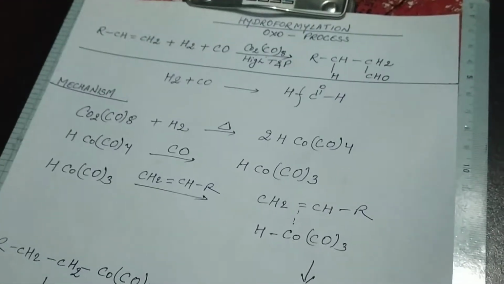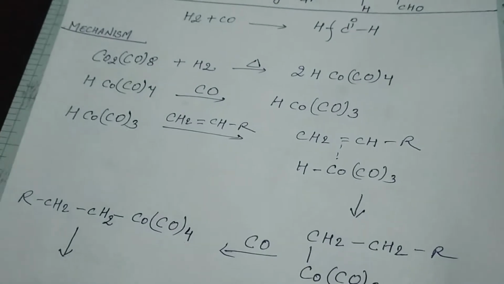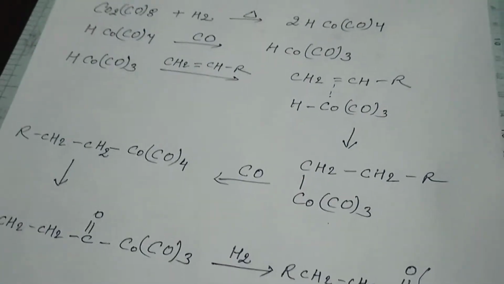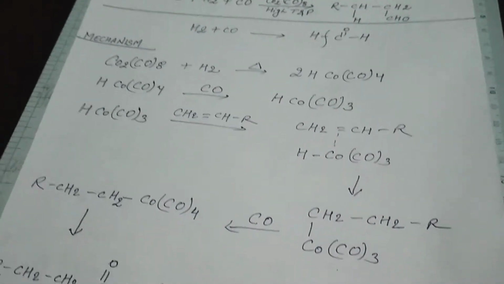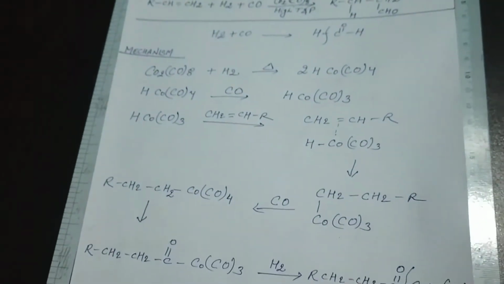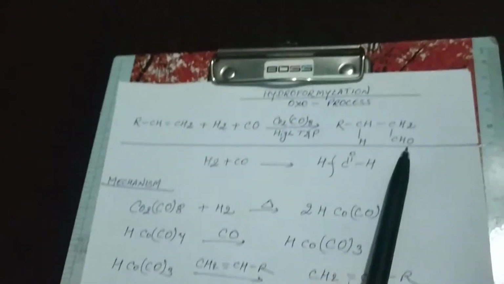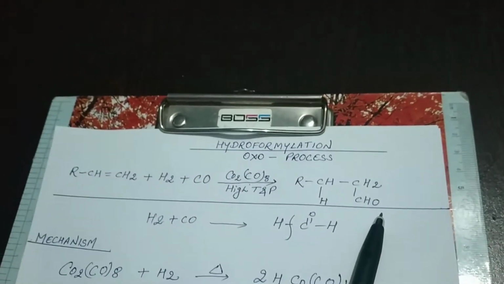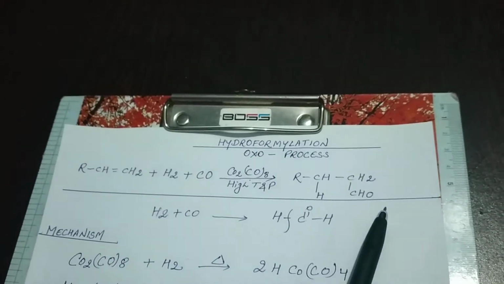Now this mechanism has certain drawbacks, like about 15% of the alkene is converted into alkane. As soon as the aldehyde is formed, it is reduced to alcohol, and ketone is formed as a byproduct.